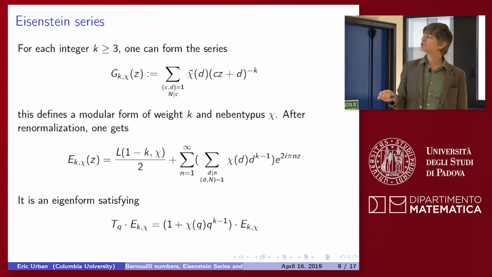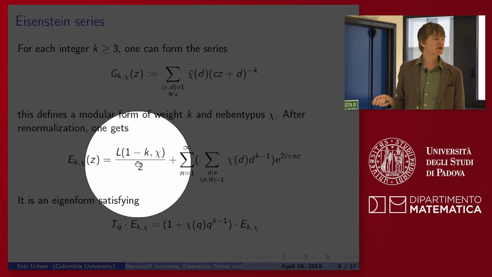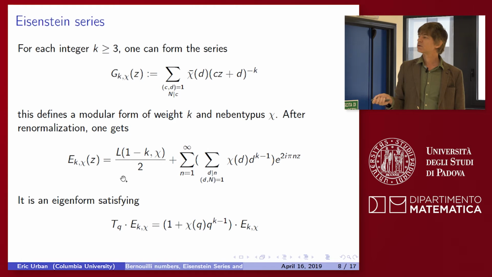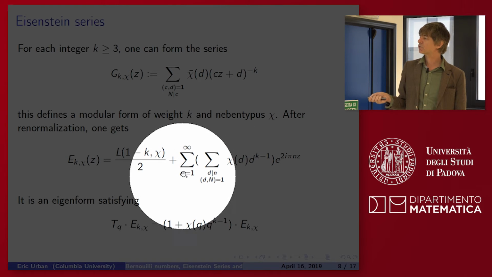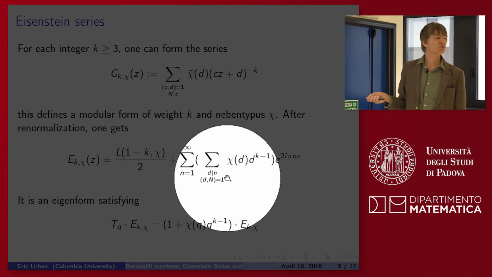The Fourier expansion of this Eisenstein series after renormalization is given by this. So the constant term is given exactly by this L value, L(1 - k, chi), divided by 2. And then the Fourier coefficients for integers bigger than 1 are just given by this very simple function.